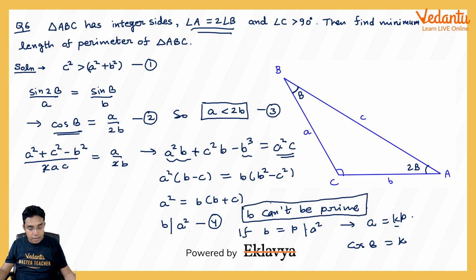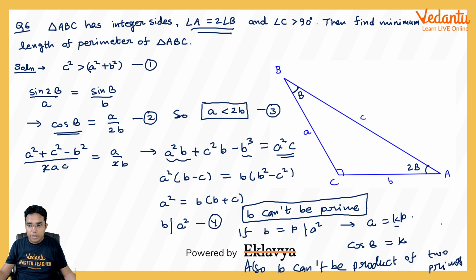In fact, one more thing, B also cannot be a product of 2 primes. Same logic. Why I am saying so?